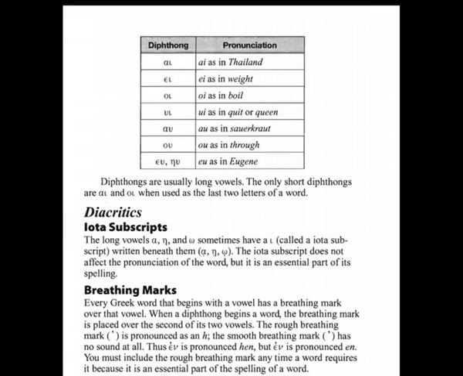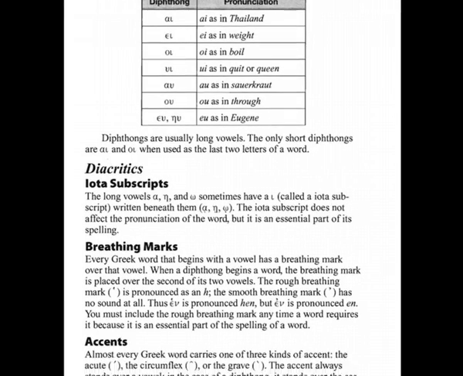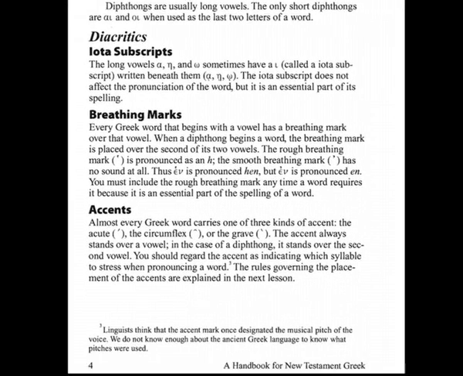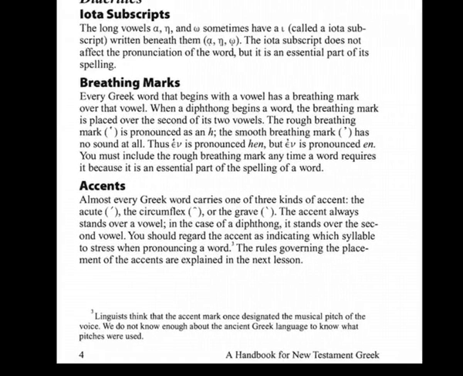The smooth breathing mark, which looks like an apostrophe or a right single quote, is not pronounced either. Thus, in Erasmian, hen is pronounced hen, but en is pronounced en, whereas in Q&A, both will be pronounced en, at least in ordinary speech.